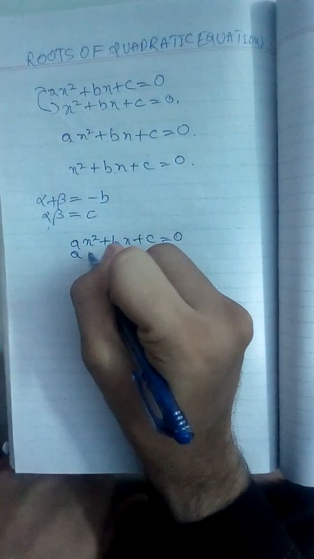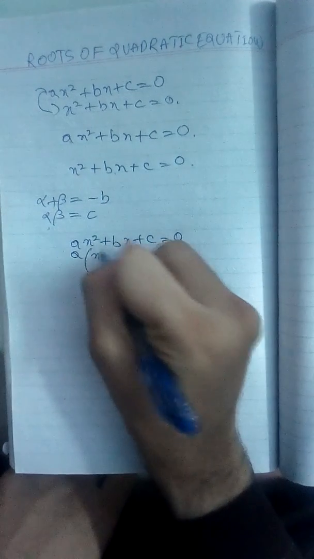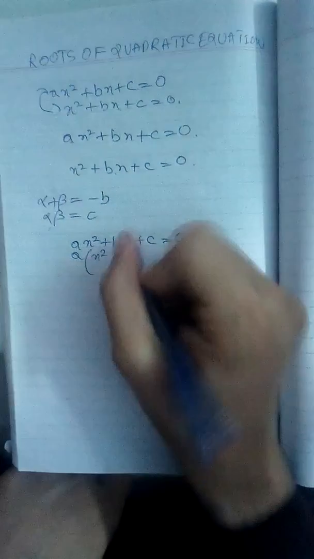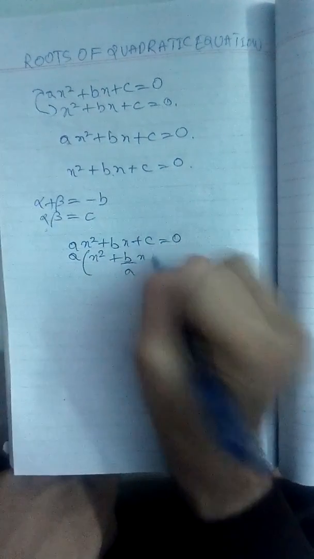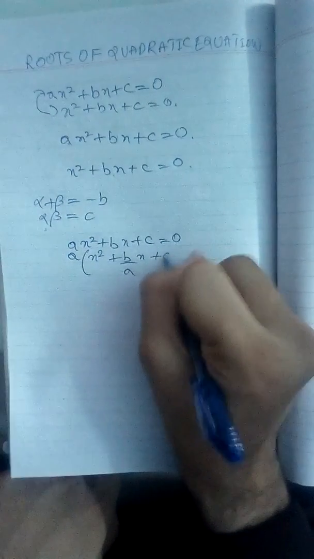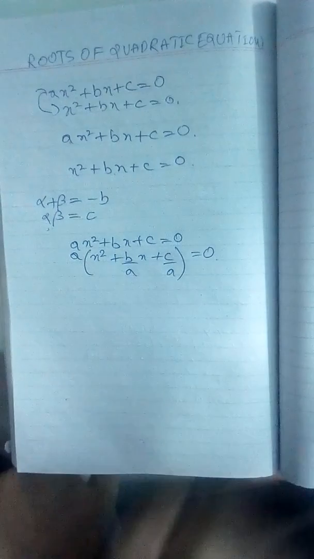Okay, let me simplify it in a simple way. a multiplied by x square plus b upon a x plus c upon a equals 0.